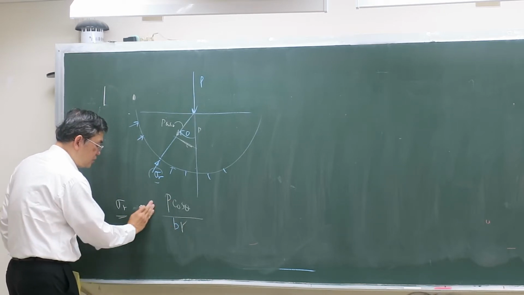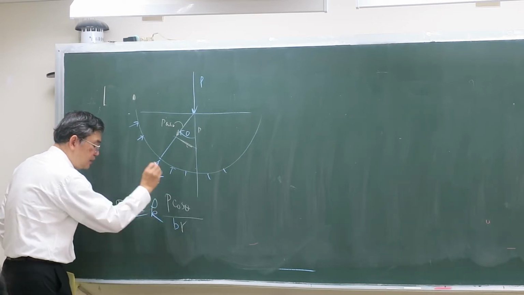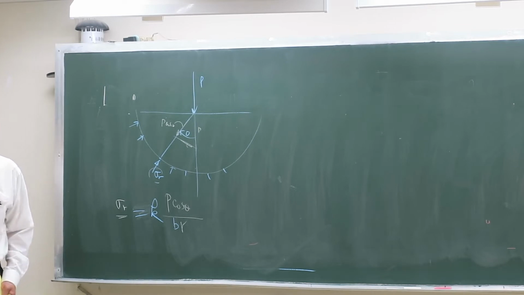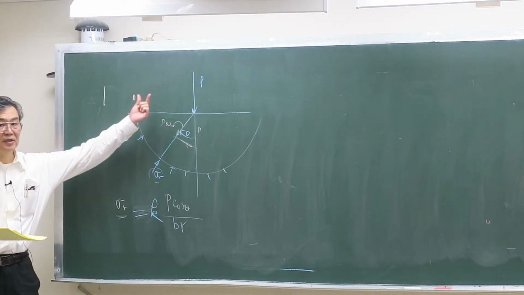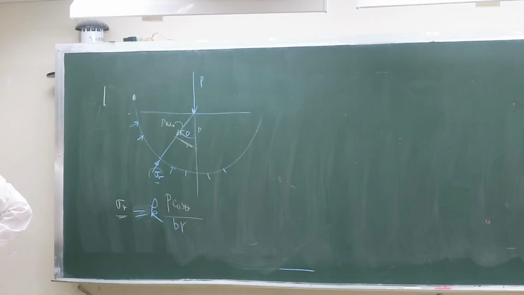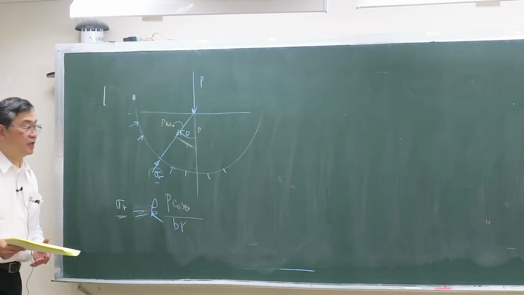And I change this proportional sign to an equal sign with a constant to be determined. So this is my estimation of the stress inside. Now, let's determine this K.